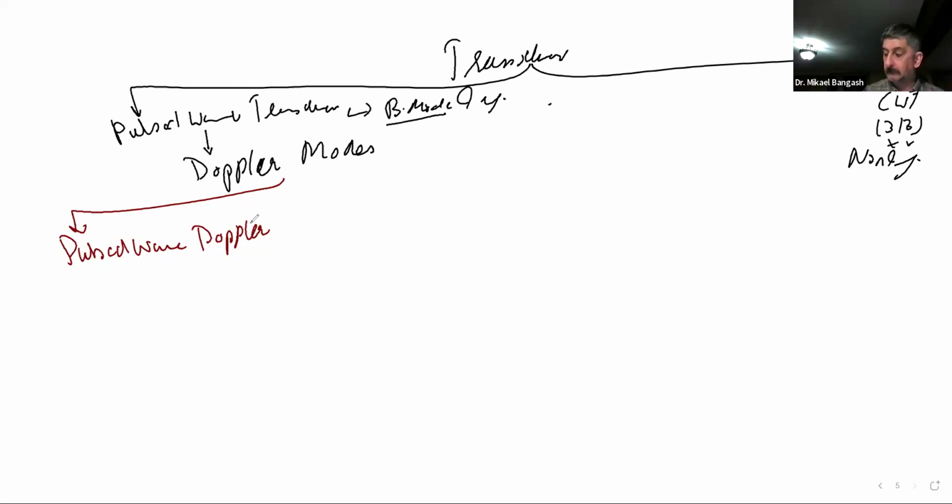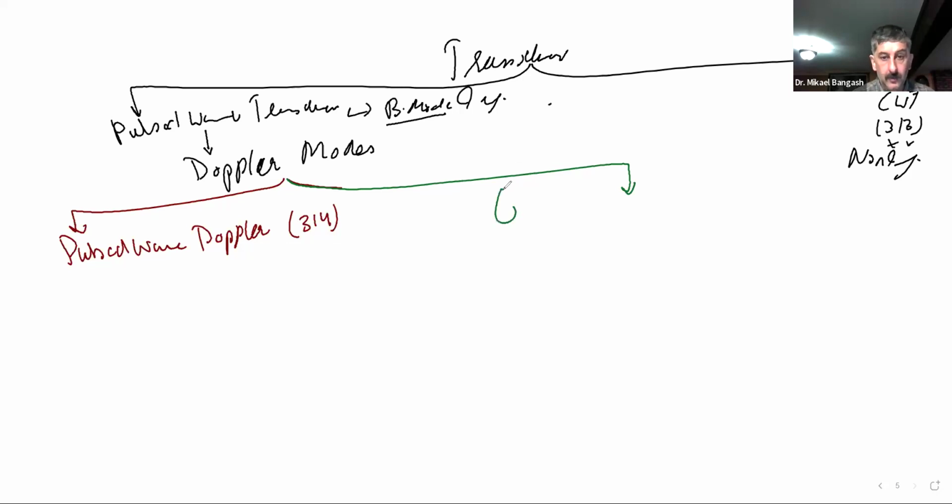Is that clear? The details of that we'll see on page 314 in the book. The other Doppler mode that we will talk about is what we'll call continuous wave.